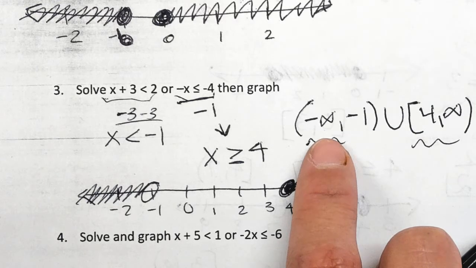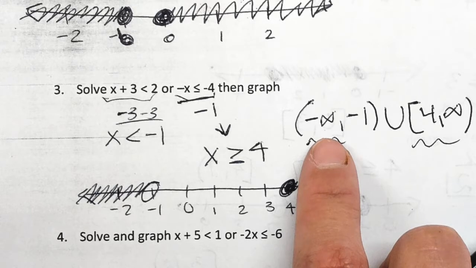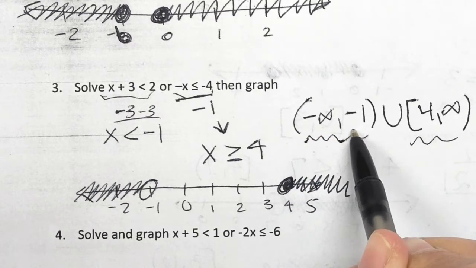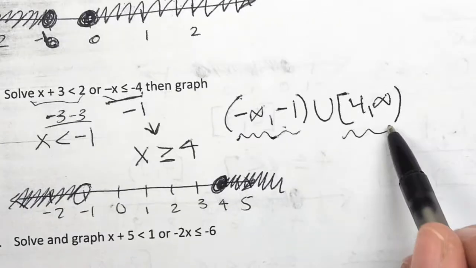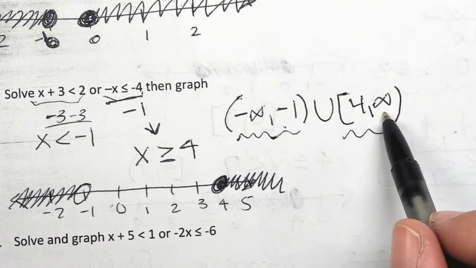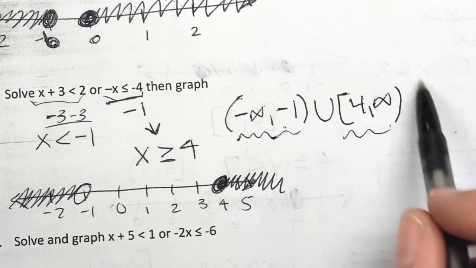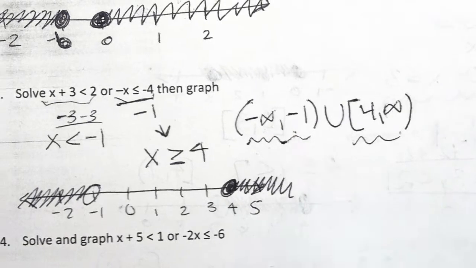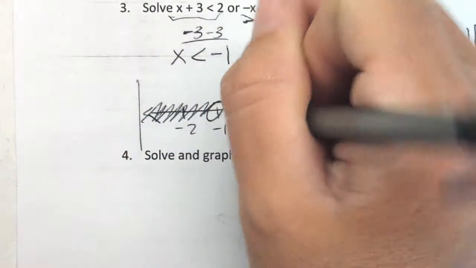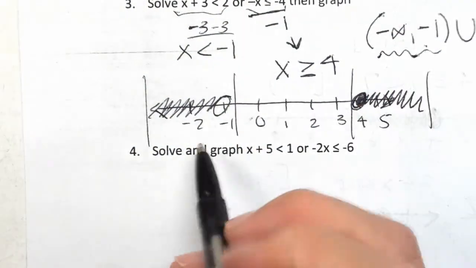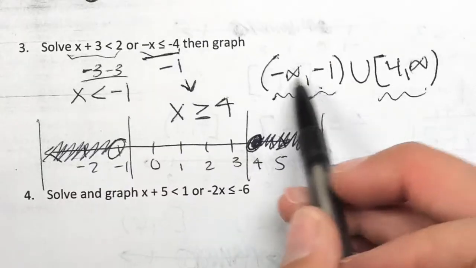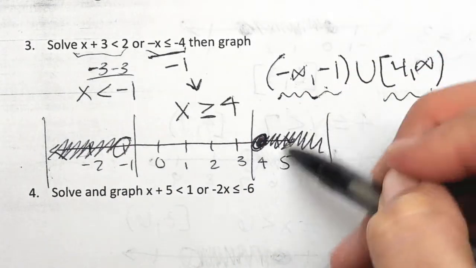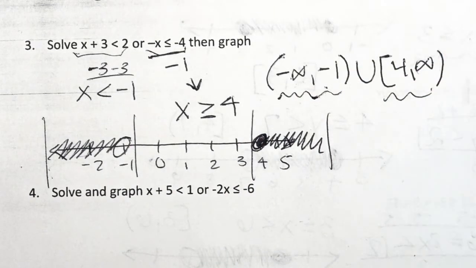Negative infinity. The smallest number, right? Okay, so between negative infinity and negative 1, what's smaller? Negative infinity is the smallest. So negative 1's bigger than negative infinity. And to get the two intervals, you just look at this line and this line. Where does this one stop? It's going to go all the way to negative infinity. And where does it stop on this side? Negative 1. This one starts at 4, goes all the way to infinity.